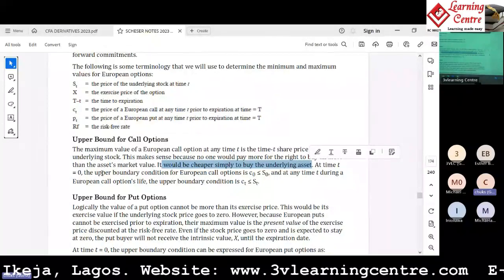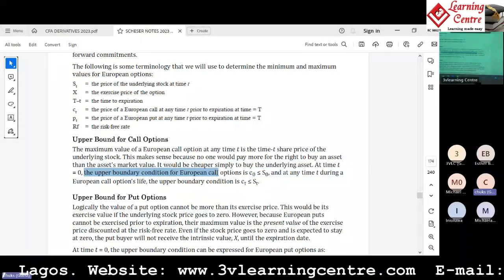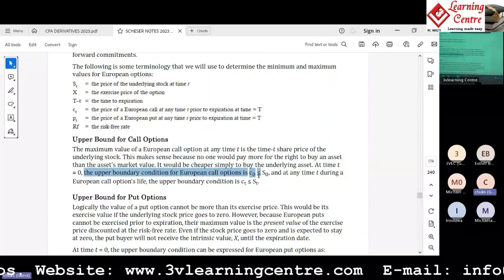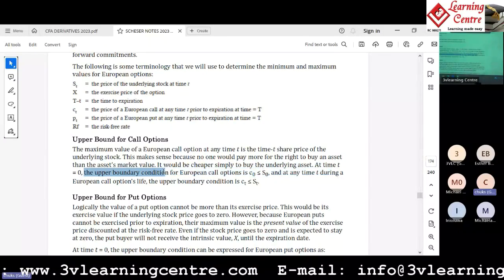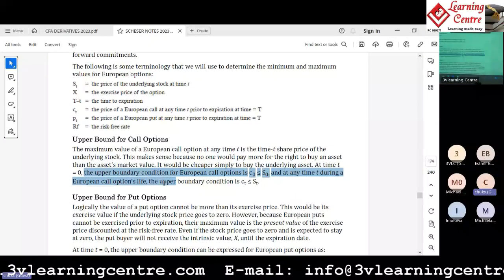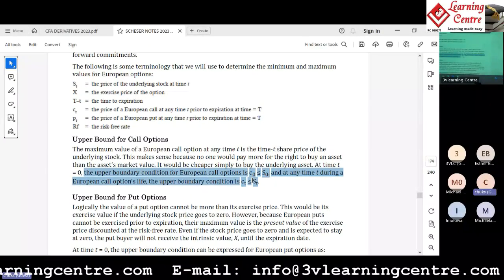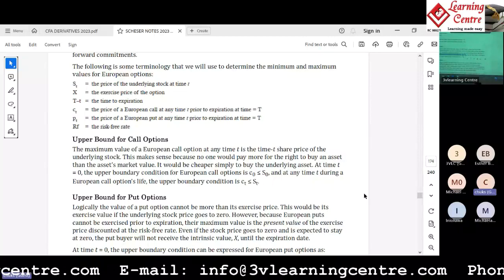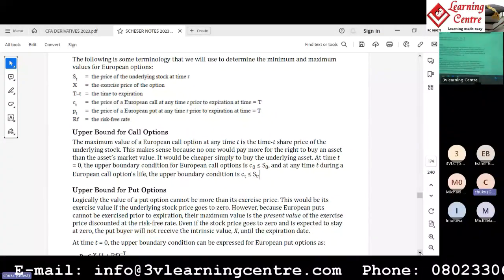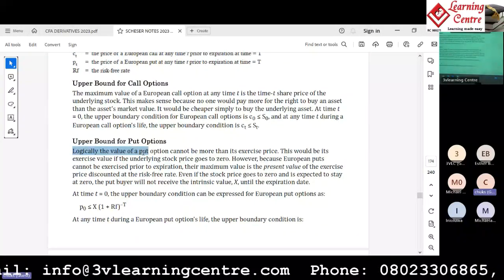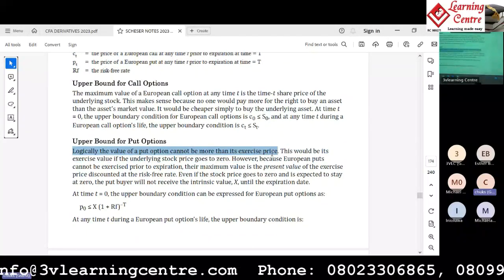At time T, the upper boundary condition for a European call is that the call is less than or equal to the price of the underlying. That is basically what I've explained now. For the put option, logically, the value of the put option cannot be more than its exercise price.